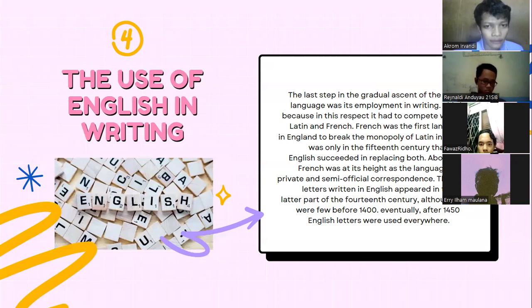The reign of King Henry V marked the period at which English began to be generally adopted in writing. The year 1425 is often taken as that of the general employment of the English language in writing.